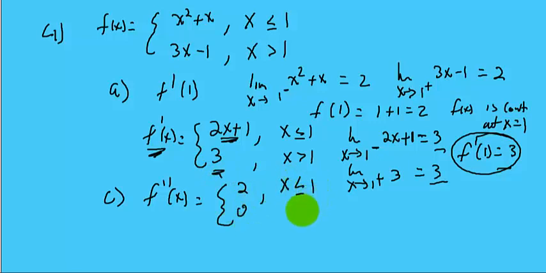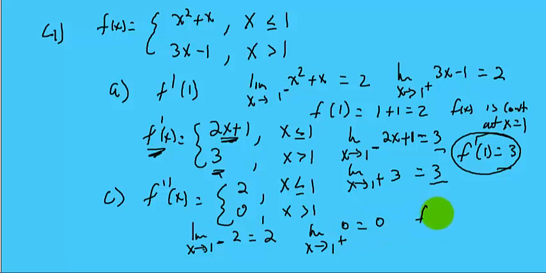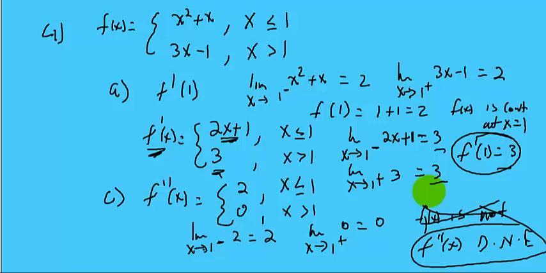We can already see it's not twice differentiable, but we have to show it. So how do we show it? Take the limit as x goes to 1 from the left side, which is 2. And the limit as x goes to 1 from the right side of 0, which is 0. Or let's just go a short way. F double prime of x does not exist.